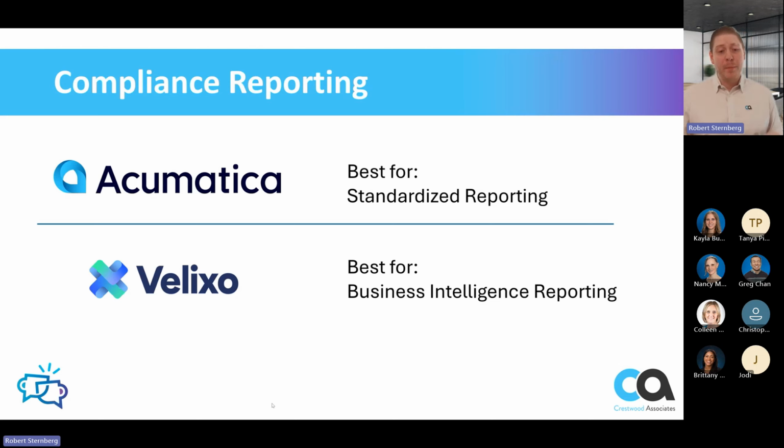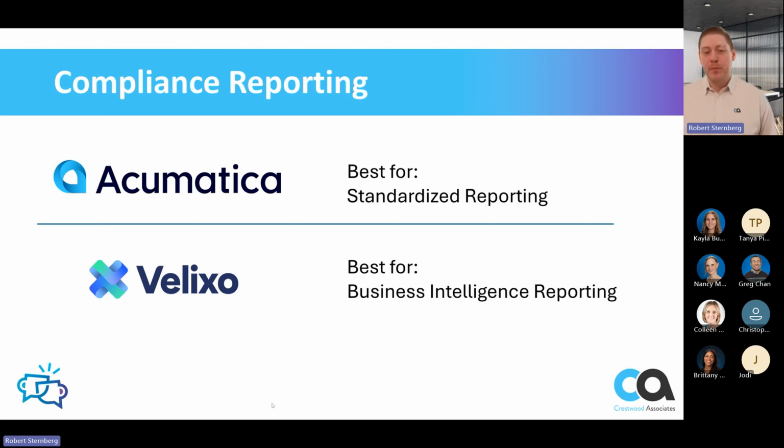If we do want more BI tools, we can use one of Acumatica's many options, or I wanted to highlight Velixo as well, which is a plugin to Excel that allows Acumatica and Excel to natively talk together through Excel formulas. And Velixo is fantastic for business intelligence reporting. So what's the difference?